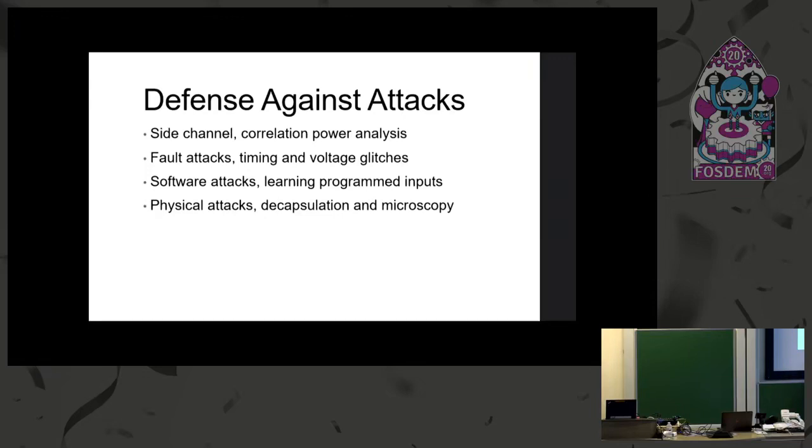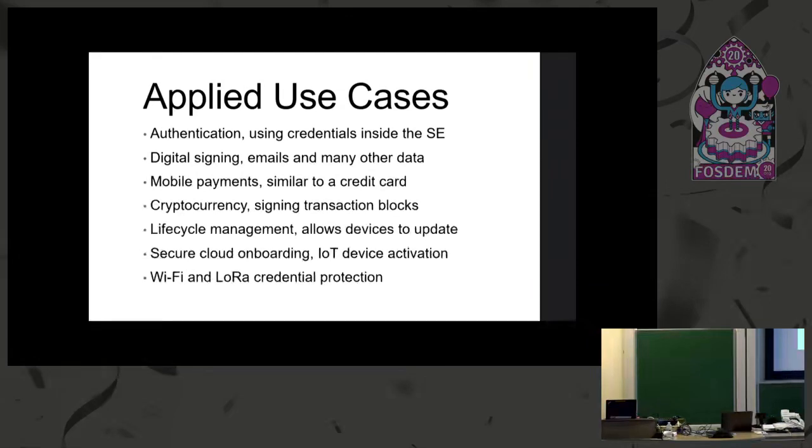Decapsulation with sulfuric acid vapor, ion particle beam inspection, microscopy. All of these things are physical attacks, and secure elements often protect and defend against those in one way or another. So those are some of the reasons that we implement using secure elements is that they defend against some or all of these attacks.